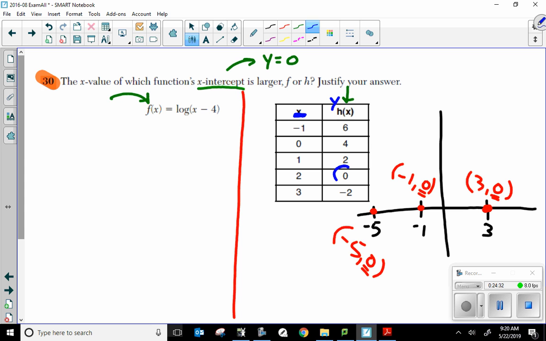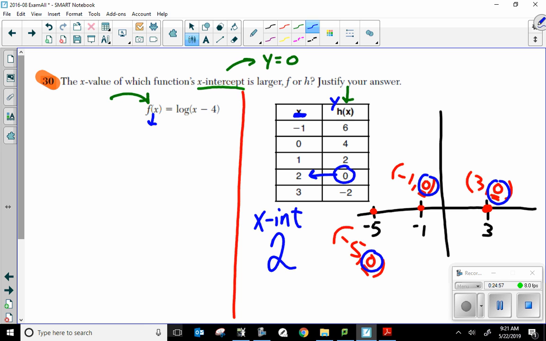Y is 0, because remember, we want when y is 0, when x is 2. So my x-intercept for my h function is 2. That was simple. The f function is simple as well, it's just not as simple as reading a table, or it could be. But anyways, I digress.